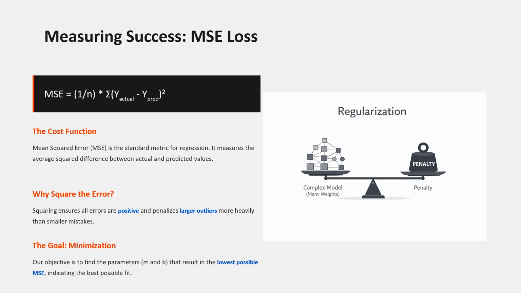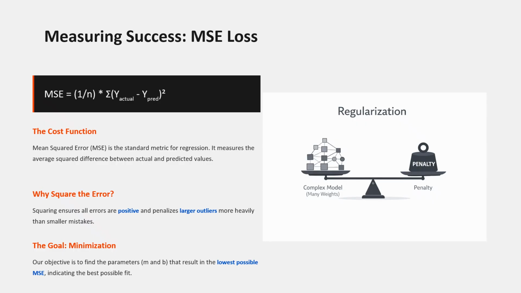It makes sure all the errors are positive, and it really penalizes those big mistakes more than smaller ones. So now our whole goal is to find the right m and b values that give us the absolute lowest MSE, which is the mean squared error.